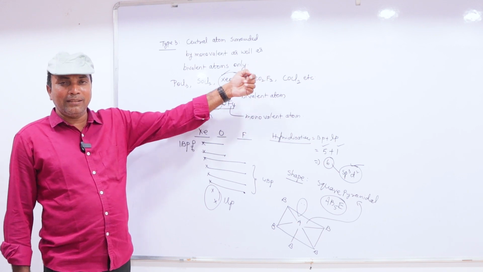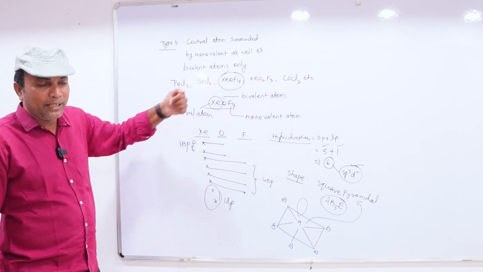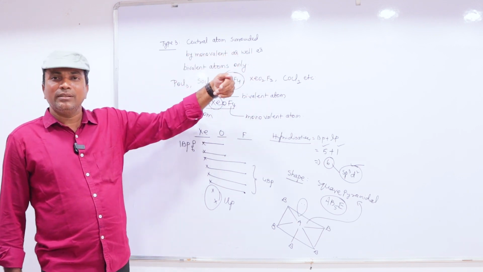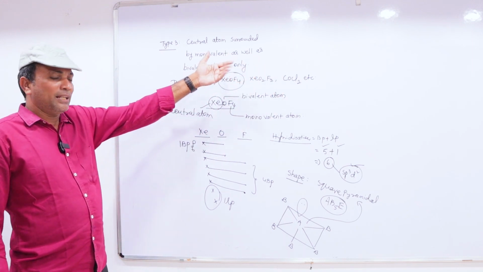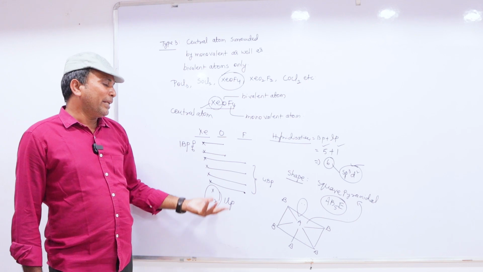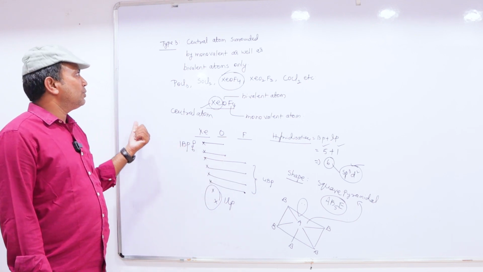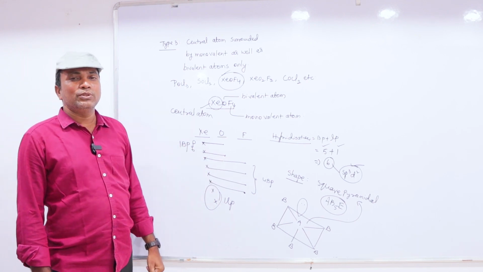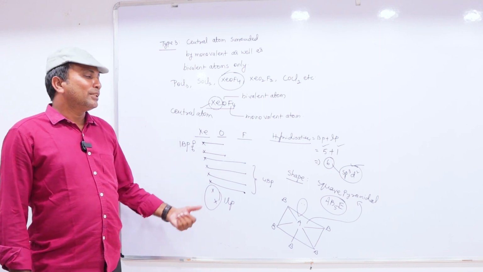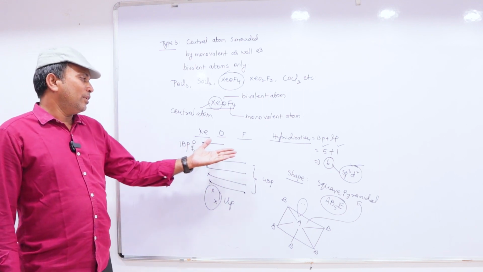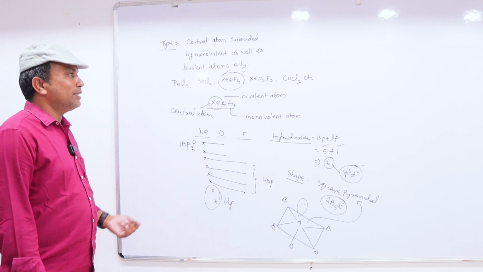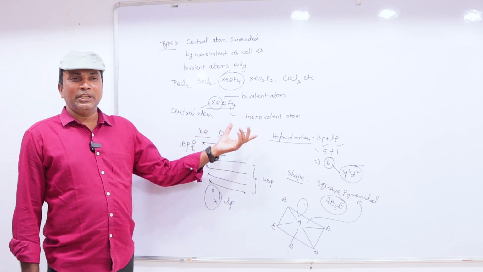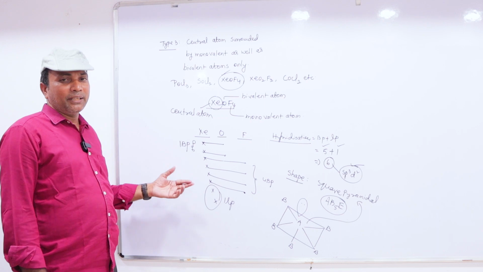If minus 2 is there, gain 2 electrons on the central atom. Like that, gain valence electrons, and the remaining procedure is the same. So these types are very useful to quickly find hybridization, bond pairs, lone pairs and shape of the molecule. Thank you.